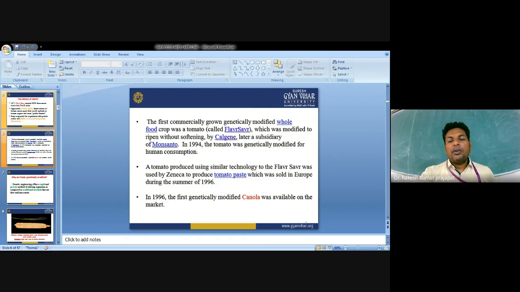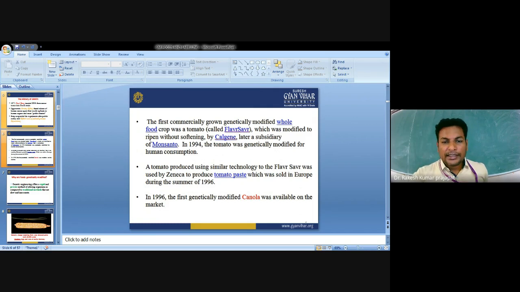Under current law, commercial release of these GM products requires approval from the Genetic Engineering Approval Committee. Besides environmental safety tests, the GEAC requires extensive food safety tests for new GM products. The approval process is comprehensive, though it is criticized.